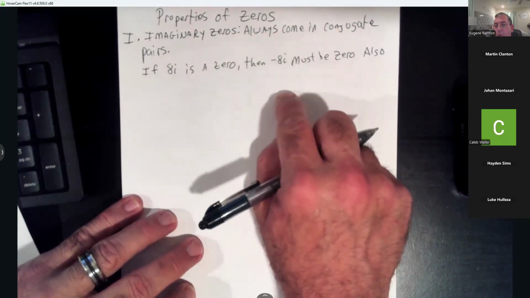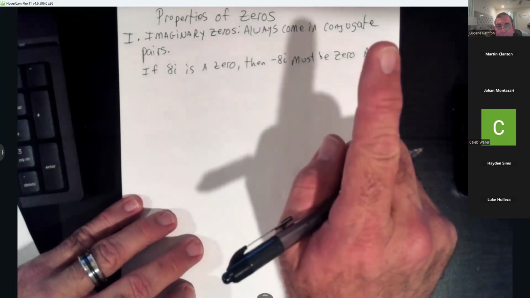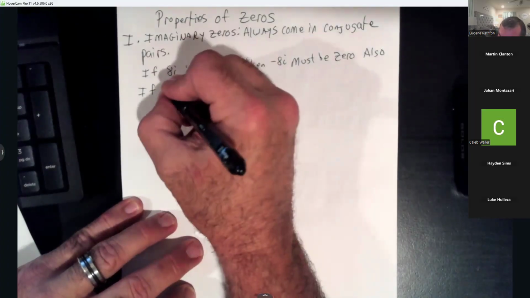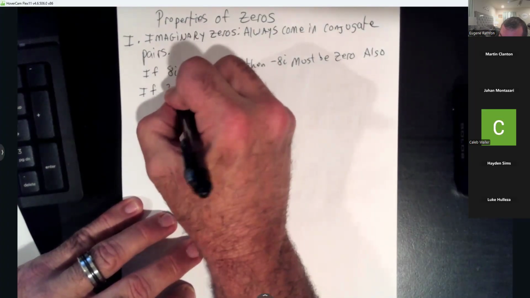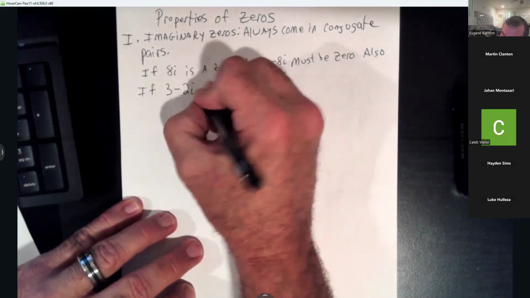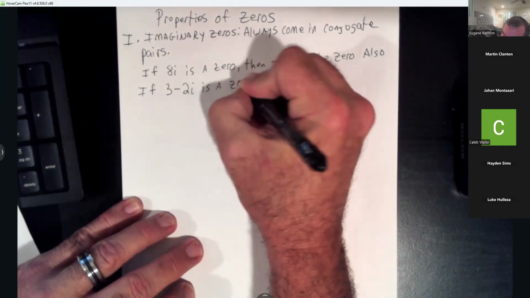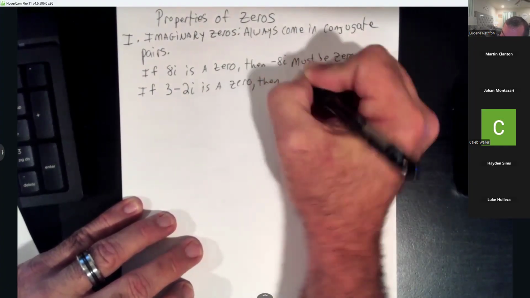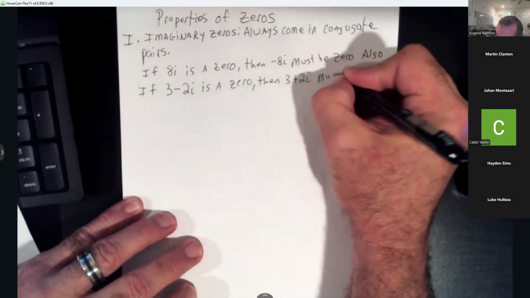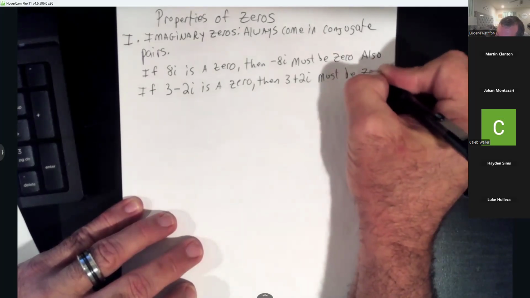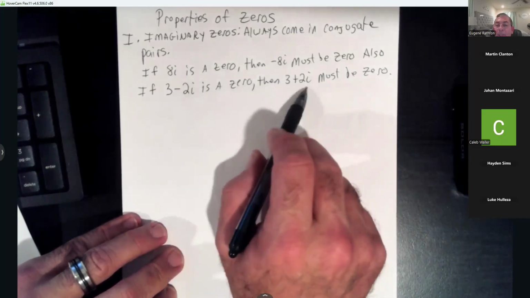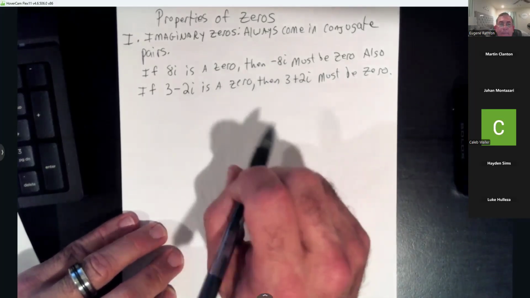And in front of the square roots, we always put a plus or minus, remember. Now, they could look like this. If something like this, 3 minus 2i, if that is a zero, then 3 plus 2i must be a zero also. Okay, so don't change the number, only the imaginary part changes, okay?